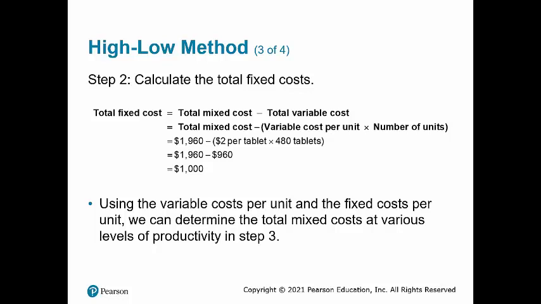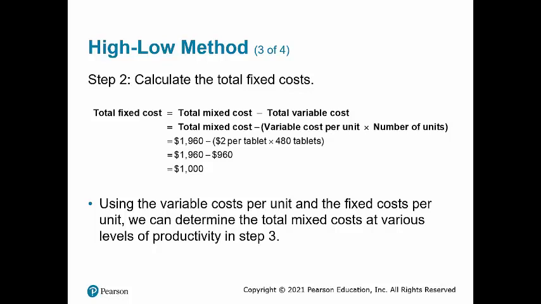If we want to solve for total fixed cost, we can take the total mixed cost and subtract total variable cost. At the highest level of activity, the total mixed cost was $1,960. We can calculate the total variable cost by taking the $2 per tablet and multiplying it by the number of units associated with that total mixed cost, which was 480 tablets.